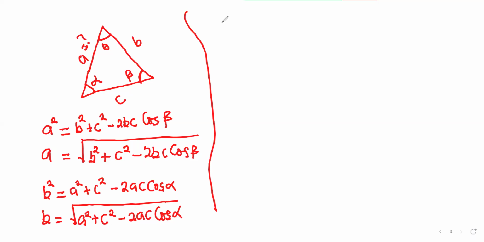C squared is equal to A squared plus B squared minus 2AB cos theta. Good.